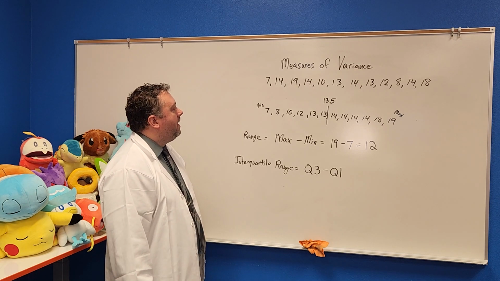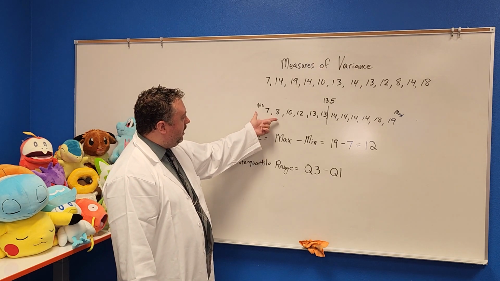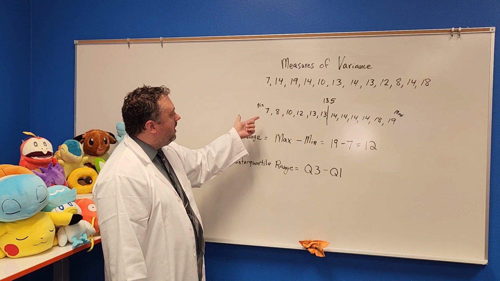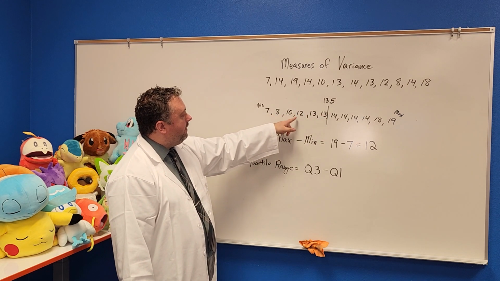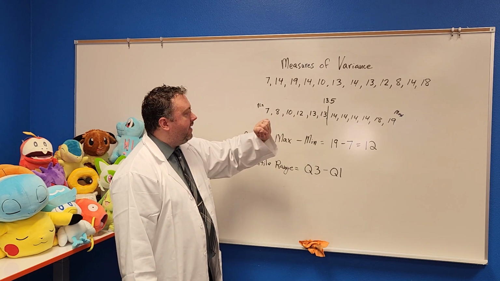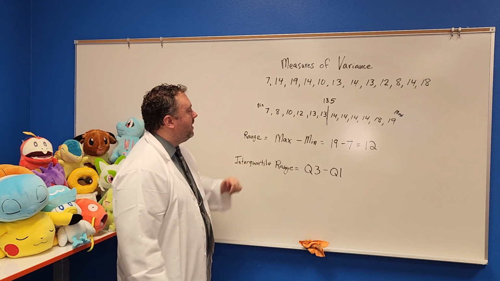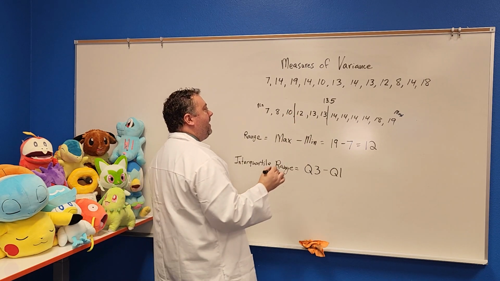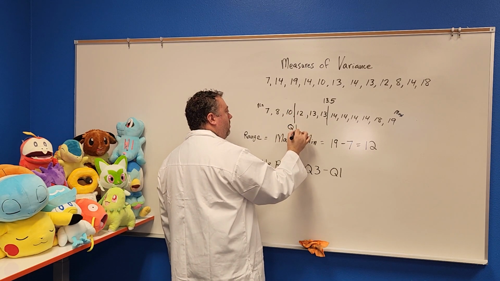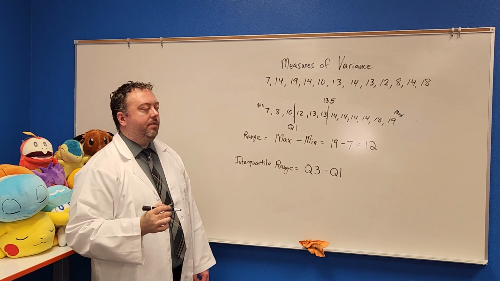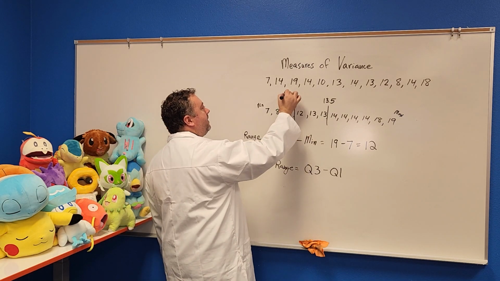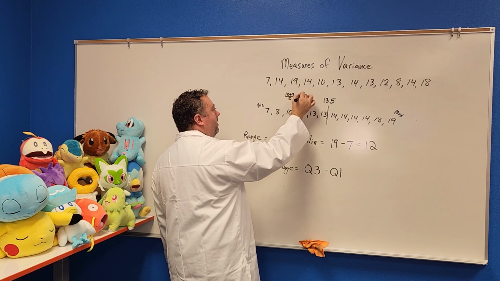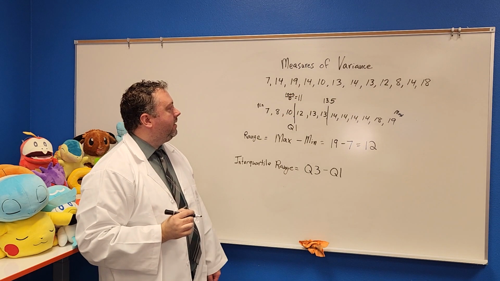Now, as we look at this lower half, where is the middle of this lower half? Well, we have 1, 2, 3, 4, 5, 6 pieces of data, which means the middle has to be here, between 10 and 12. This is where quartile 1 is going to be found. So if we do 10 plus 12 divided by 2, our first quartile is 11.